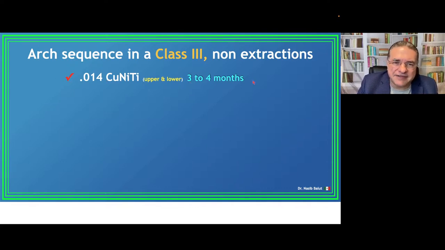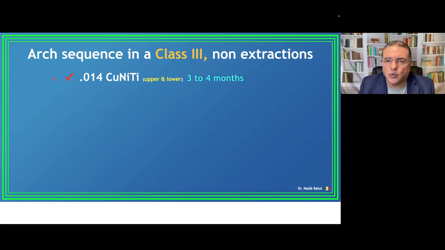And since the first appointment with these archwires, I use class 3 elastics, light, short class 3 elastics. Why am I saying short? Because I'm using the elastic from the upper first molars to the lower first bicuspid. 2 ounces, short class 3 elastics, and the patient uses those elastics full time.